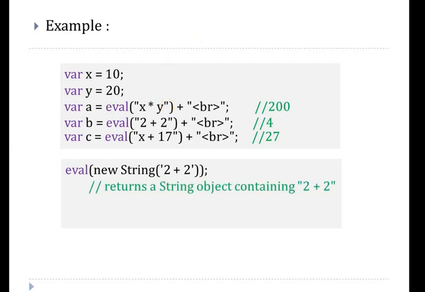Now let's see this. Over here, you can see that in this eval function, I have passed the parameter as new String in single quote, 2 plus 2. So what does it mean? It will just return one string object.